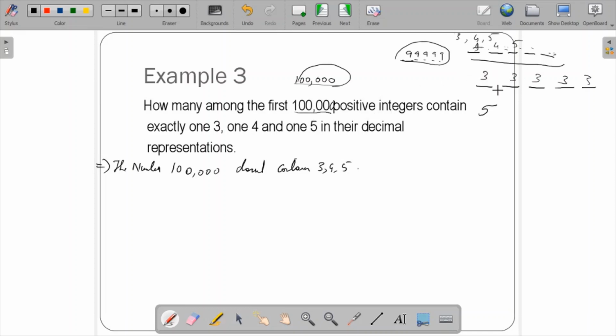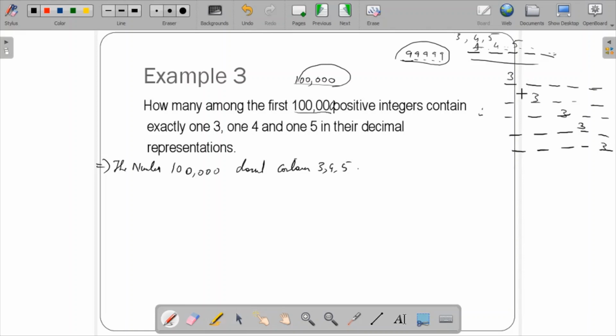So the meaning of this arrangement is: in the 5 positions, 1, 2, 3, 4, 5, if 3 is over here, 3 can be here, 3 can be here, 3 can be here. That means the other numbers can be filled in the remaining places.